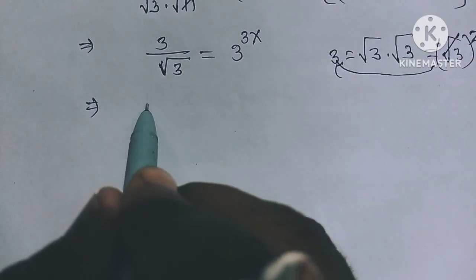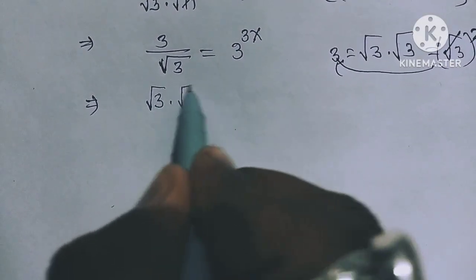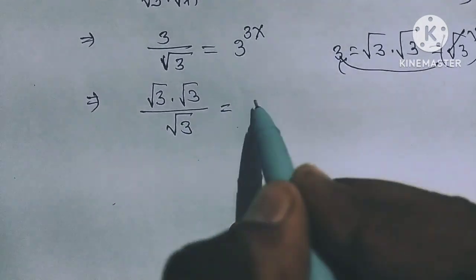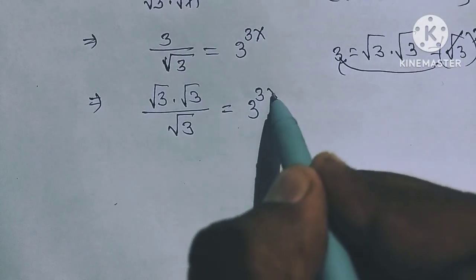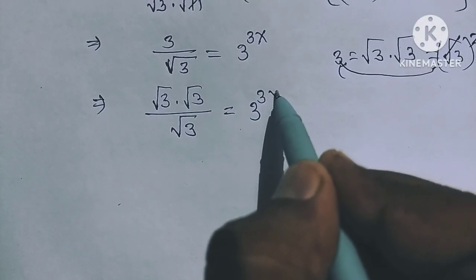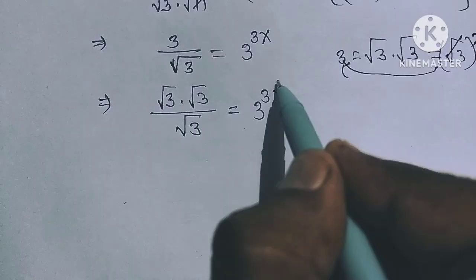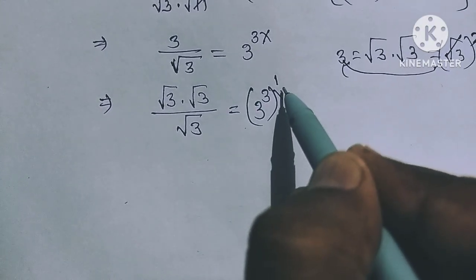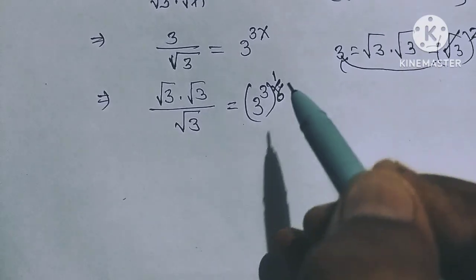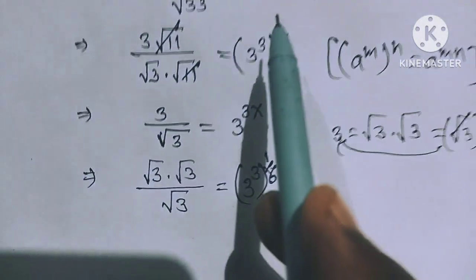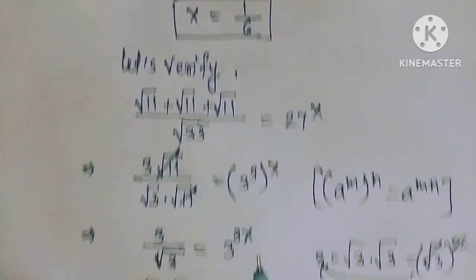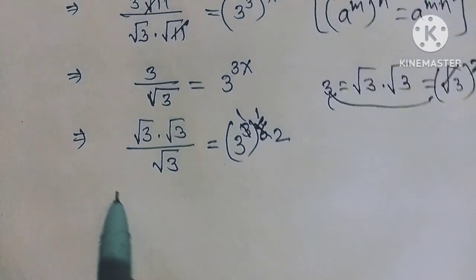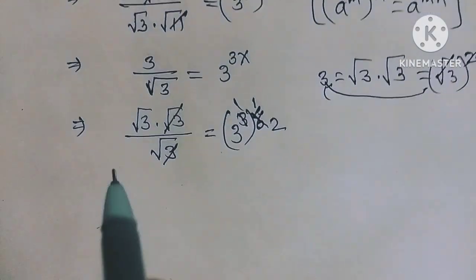So here under root 3 into under root 3 divided by under root 3 equal to 3 raised to the power 3x. x equal to, we will put here 1 by 6. Value of x is equal to 1 by 6, so we will put here 3 1s are 3, 3 2s are 6. So here under root 3 will be cancelled.